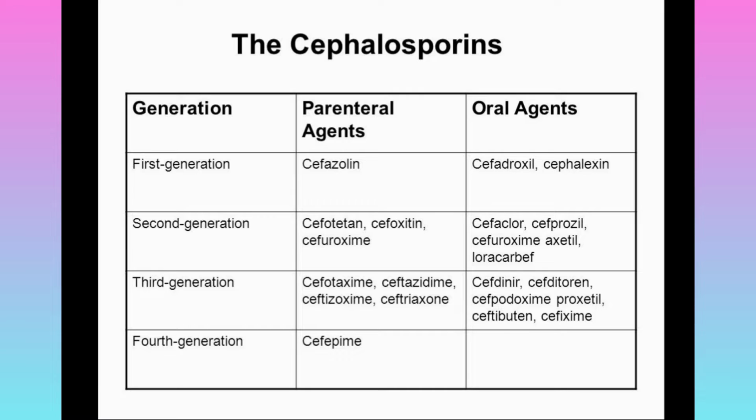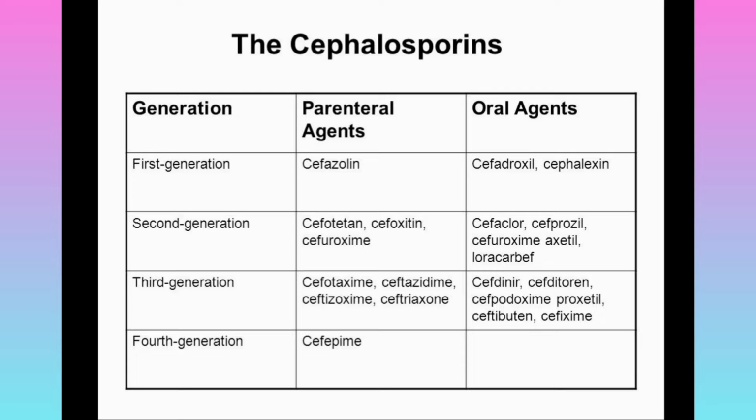First generation drugs: we have cefazolin taken parenterally, IM or IV, and those taken orally, we have cefadroxil and cefalexin. Among second generation drugs taken parenterally, we have cefotetan, cefoxitin, and cefuroxime. Those taken orally: cefaclor, cefprozil, cefuroxime axetil, and loracarbef.